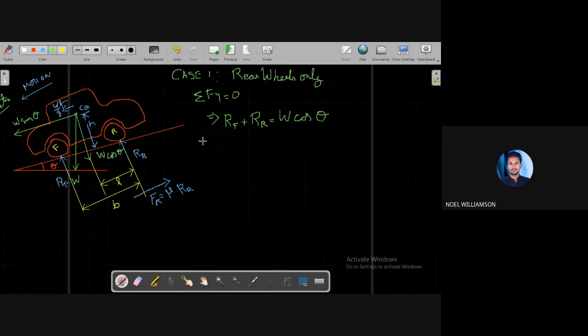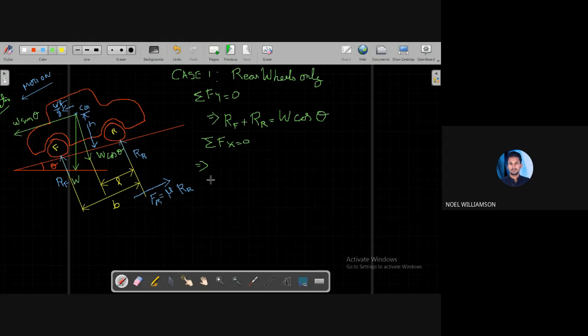Then sigma Fx equal to 0 implies there are forces along the x-axis, or along the inclined plane: W sin theta, W by G into F, and this frictional force.